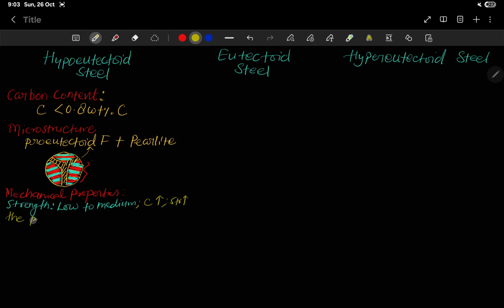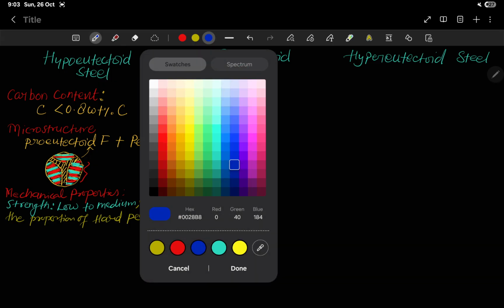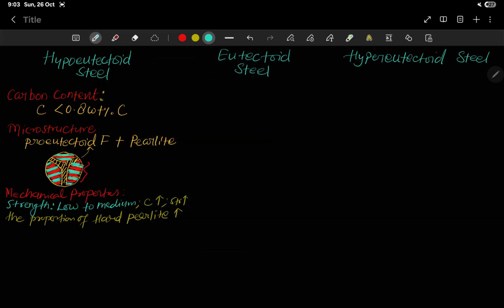And on increasing the carbon concentration, the proportion of hard pearlite increases. Okay, and let's discuss what happens to ductility and toughness.